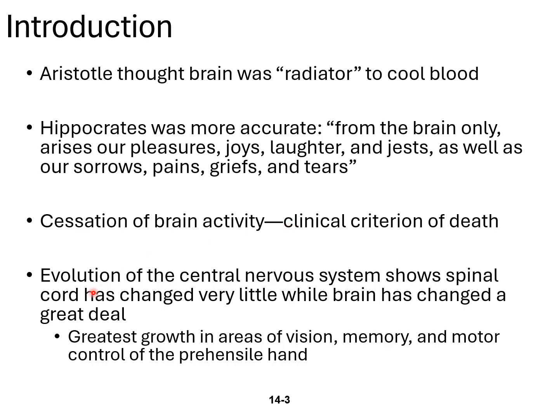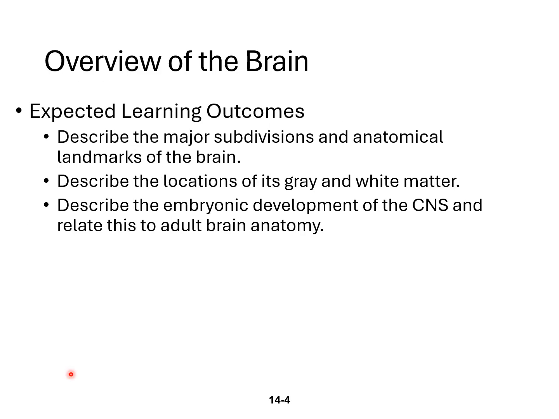So evolution of the central nervous system shows the spinal cord has changed very little. How we get the impulses to and from our organs and glands to our muscles hasn't changed much, but our brain has. Vision, memory, motor control, and the ability to use our prehensile hand.